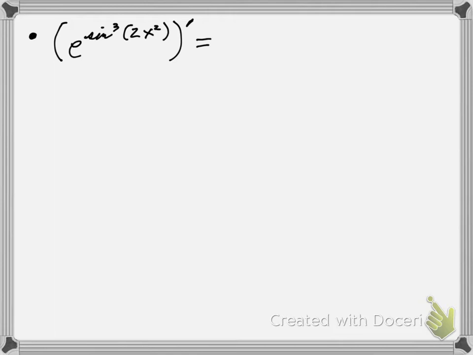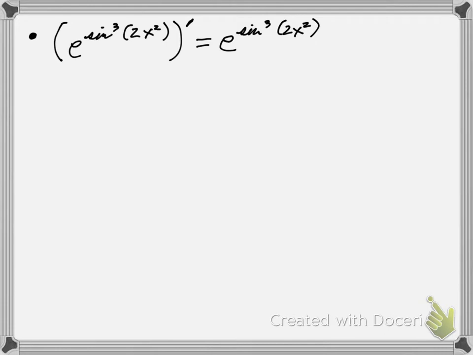So the first u substitution you may want to use, or the inner component of this function, would be sine cubed of 2x squared. If you let sine cubed 2x squared be your u, then this becomes taking the derivative of e to the u, which is of course e to that u, u being the sine cubed of 2x squared.